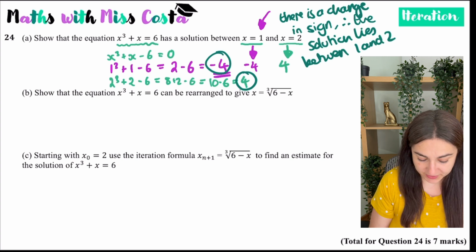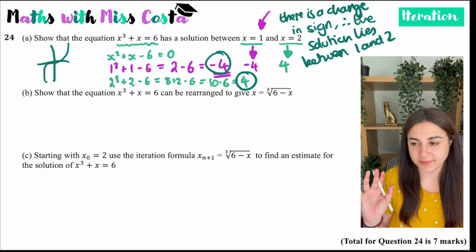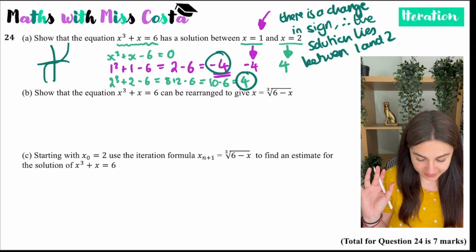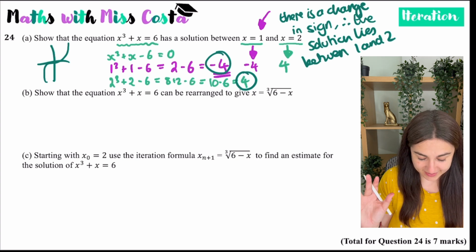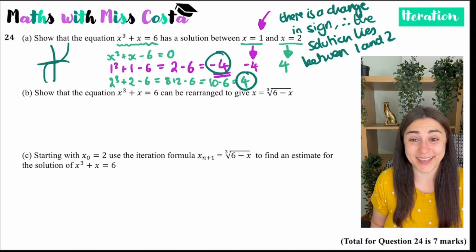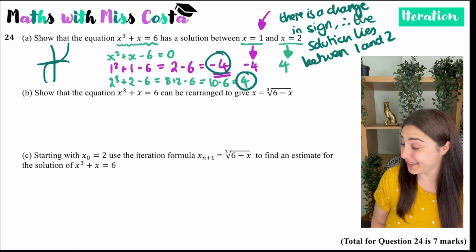So because there's a change in sign, that means that the graph must cross in between those values. Sorry, I really need a coffee or something.